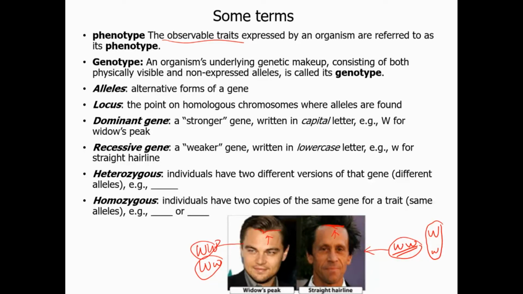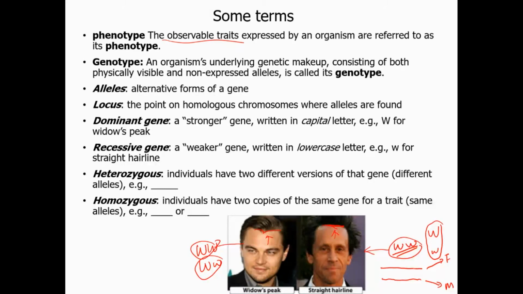So basically, this is the location on the chromosome where you can find a gene. Remember, the homologous chromosomes carry the same genes, right? But could be different versions because one chromosome comes from your father, one chromosome comes from your mother. We have figured out the different locations on the chromosome, and we already know the locations for most of the genes.